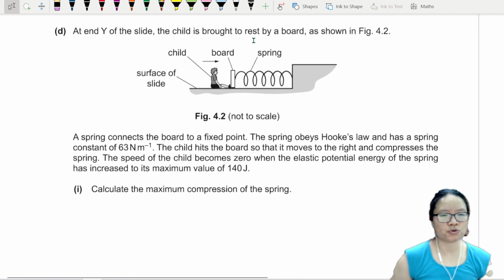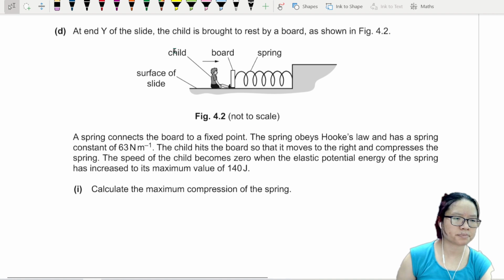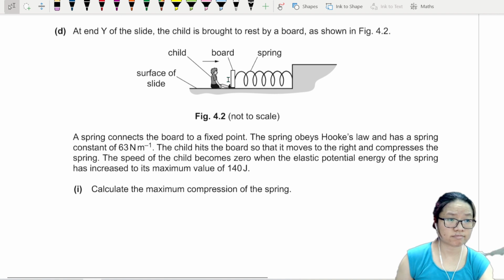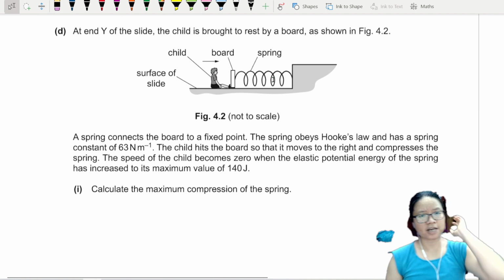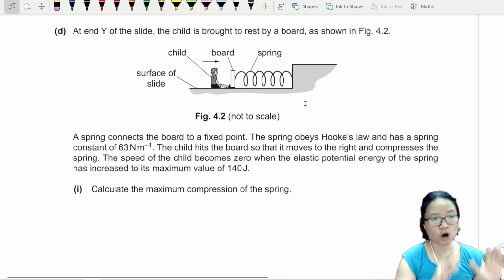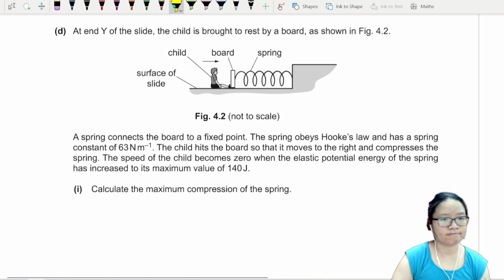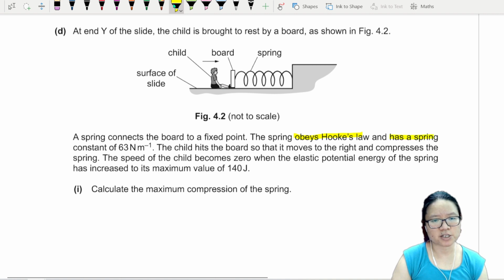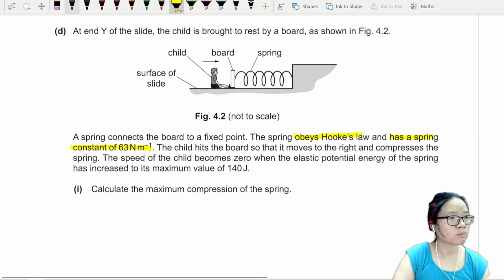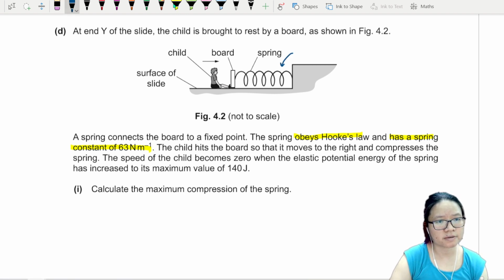The child is brought to rest by a board as shown in this diagram. So our child now, I am going to assume that there's still friction. At the end of Y of the slide, the child is brought to rest by a board, as shown in figure 4.2. A spring connects the board to a fixed point, and the spring obeys Hooke's law, and has a spring constant of 63 Newton meter negative 1.